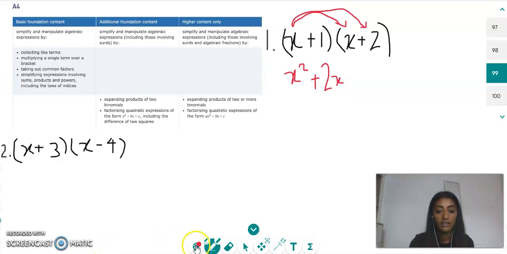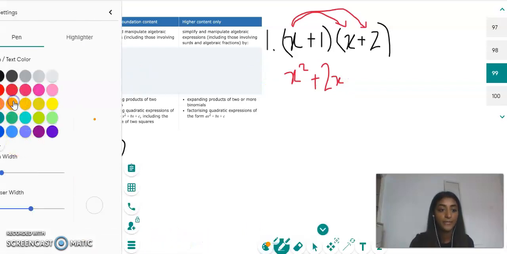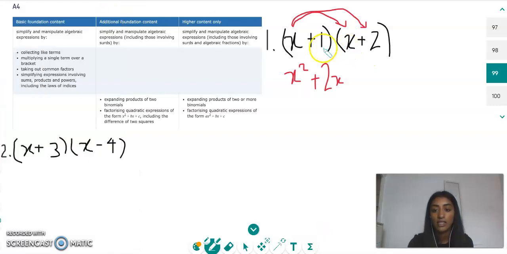And then we look at the second term here, which is plus 1, so we do plus 1 times x, which is plus x, and then we do plus 1 times plus 2, which is plus 2.